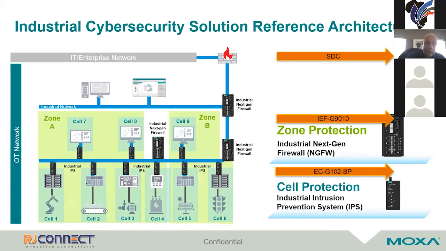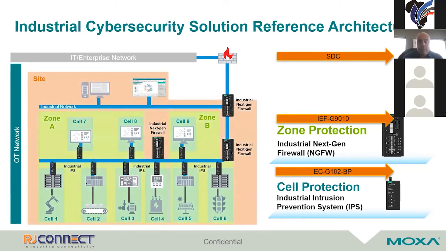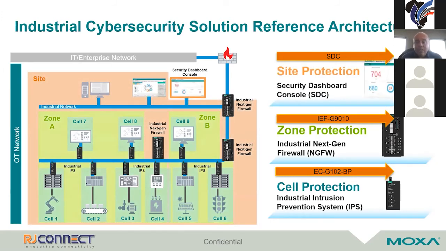And of course, around this, how do you continuously monitor your network for vulnerabilities? And how do you do all those patches automatically? For that, you need to have your site protection. This is your SDC, your secure dashboard.